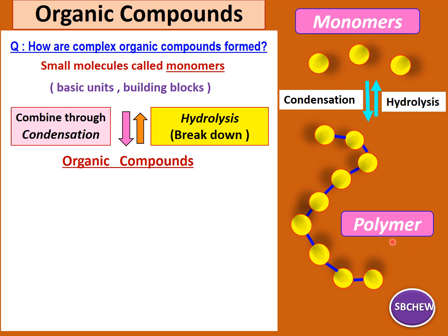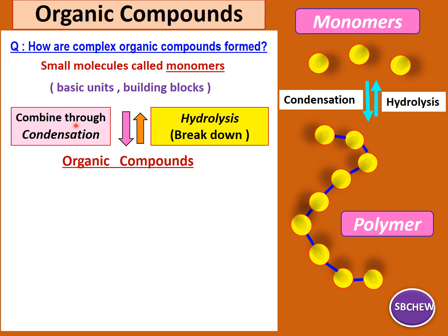So polymers are formed from basic units called monomers through the process of condensation. What is condensation? Say with me, condensation. Condensation is a chemical process in which smaller molecules join together to form a more complex and larger molecule or compound with the removal of water molecules.